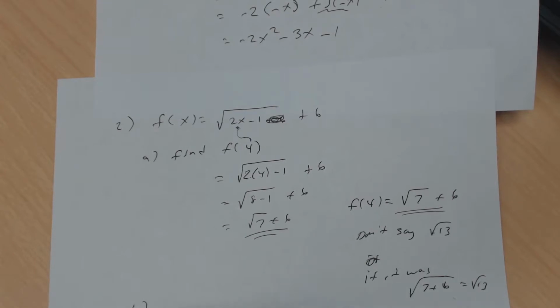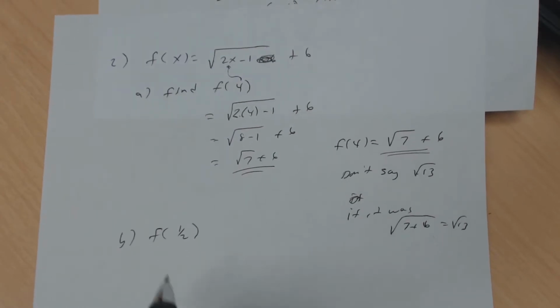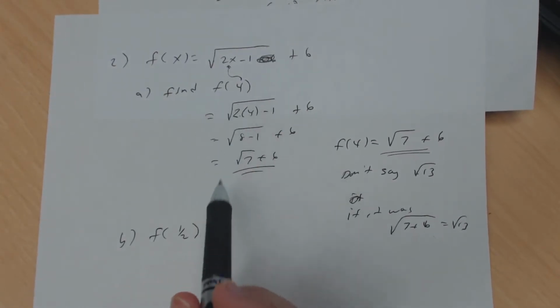So B. Suppose you had f of 1/2. All right, so where we see the variable x, you plug in 1/2.